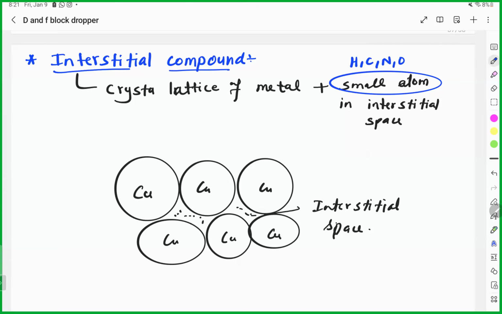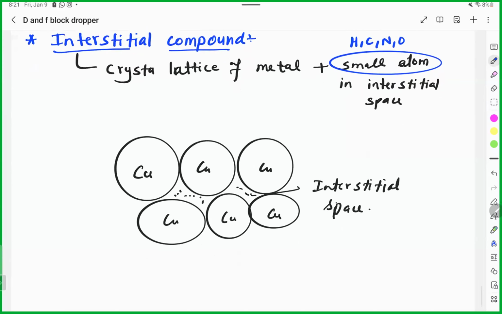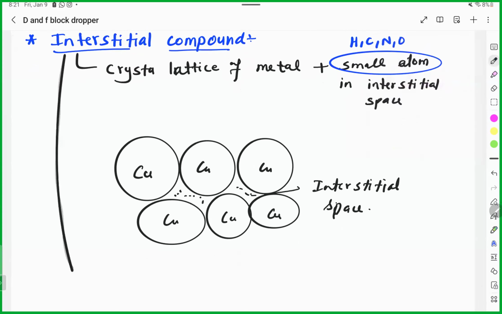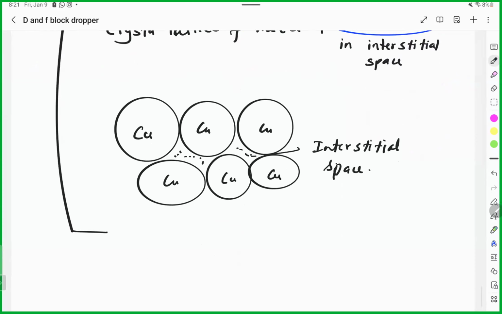But why are we talking about this? What is the specialty of the interstitial compound? When you understand that, it becomes easy to see why we use D block elements to produce interstitial compounds, because they are not properly ionic, not covalent.